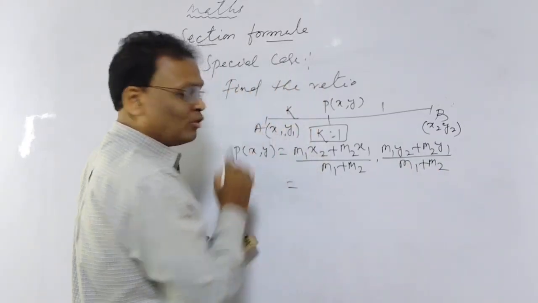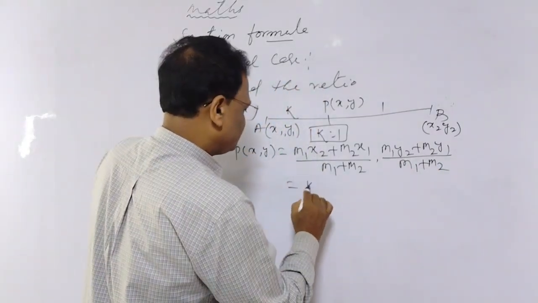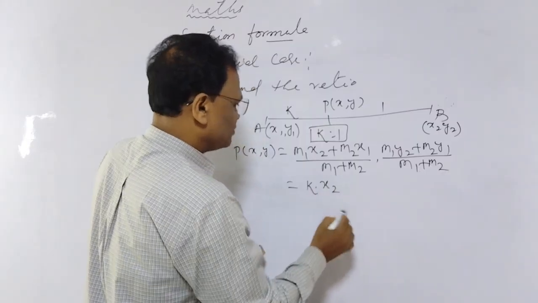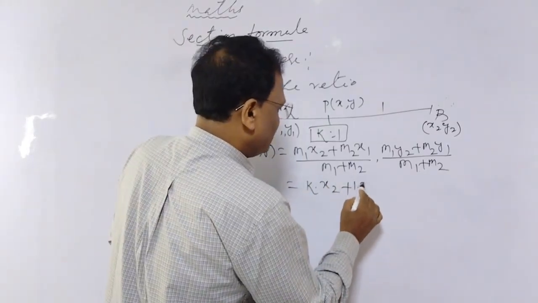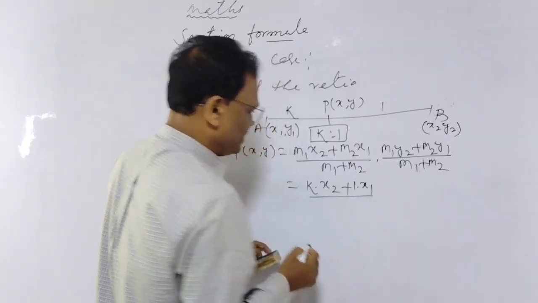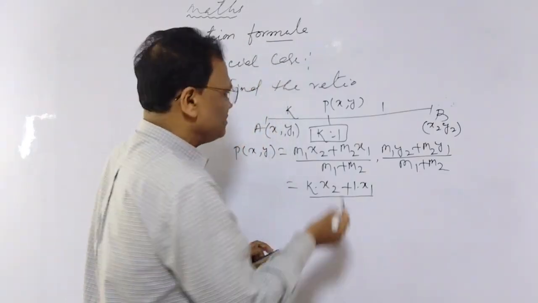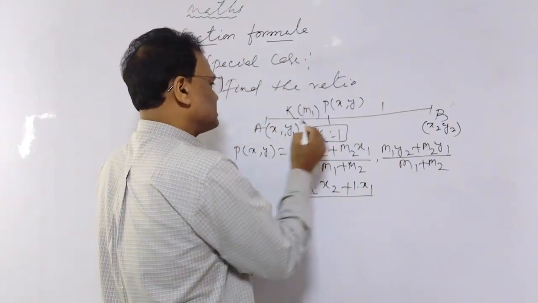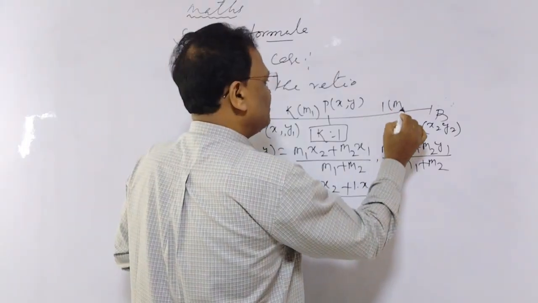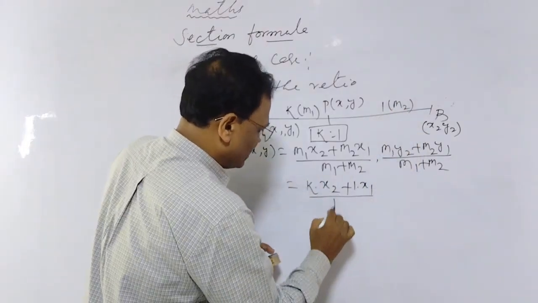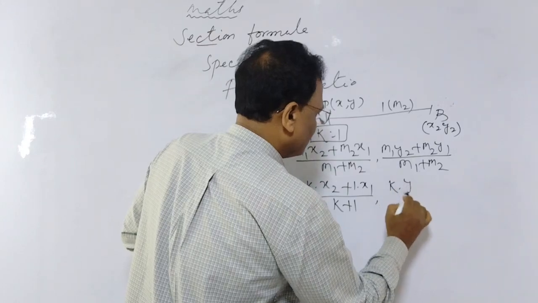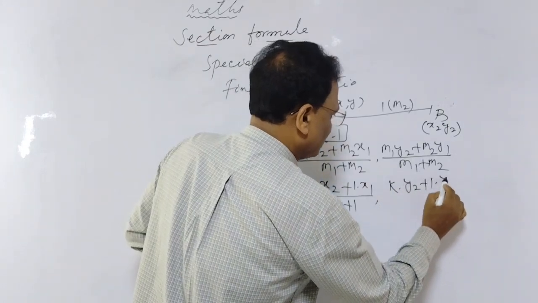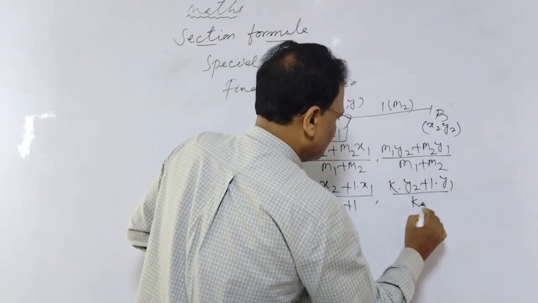But m1 becomes k and m2 becomes 1. So k x2 plus 1 into x1 divided by k plus 1, and k y2 plus 1 into y1 divided by k plus 1.